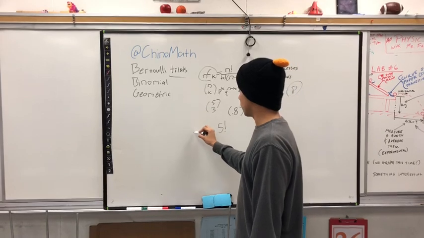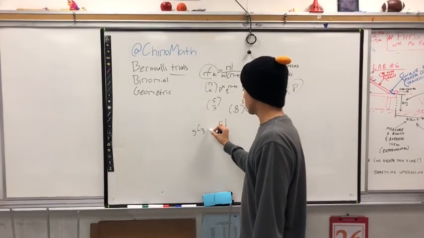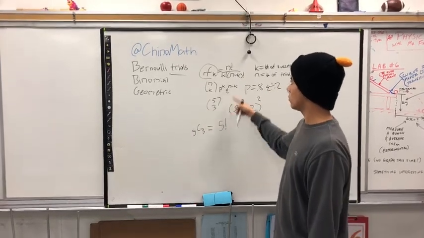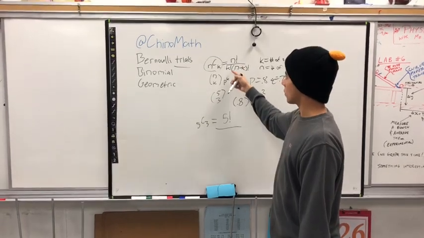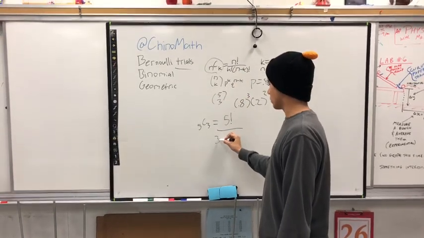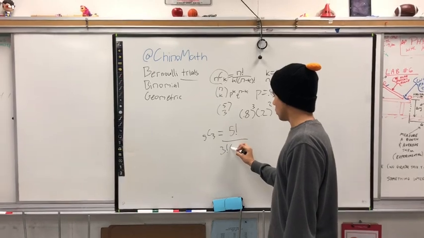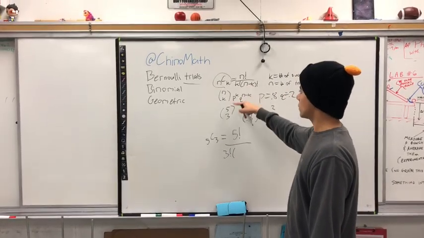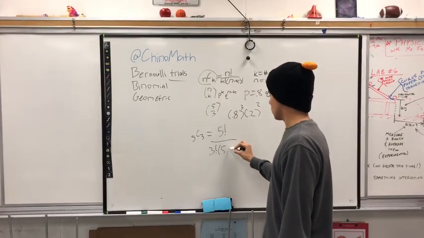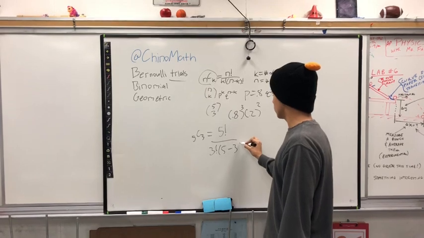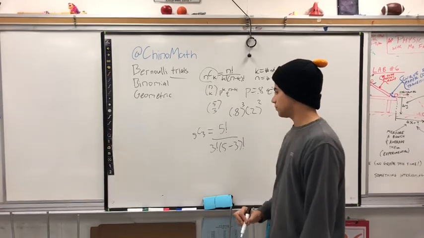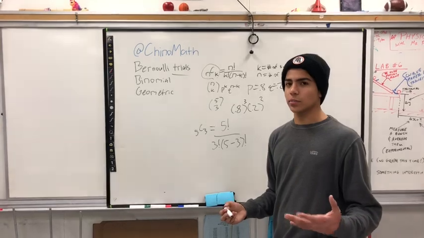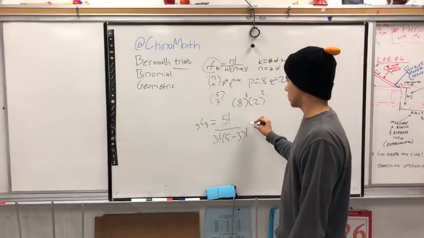So we have 5 choose 3 equals 5 factorial over our k here, which is 3 factorial, multiplied by n, which is 5, minus k, which is 3, factorial. Might look a little complicated, but here's where it gets pretty easy.